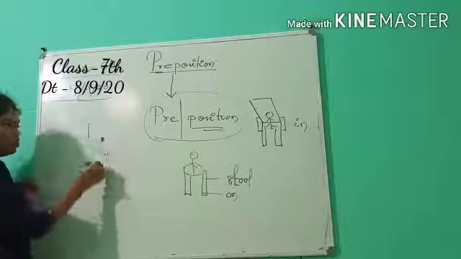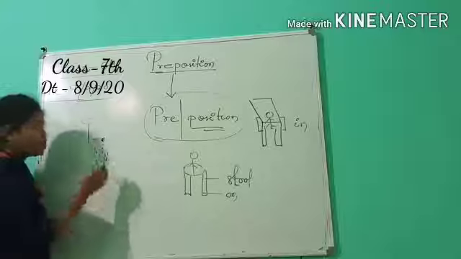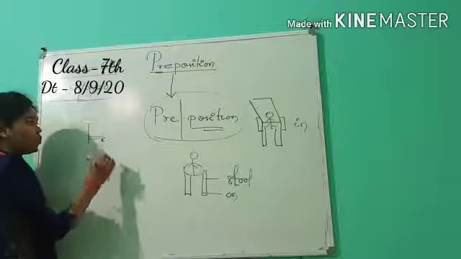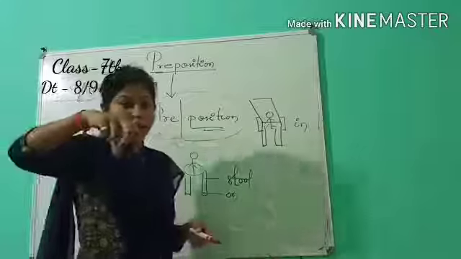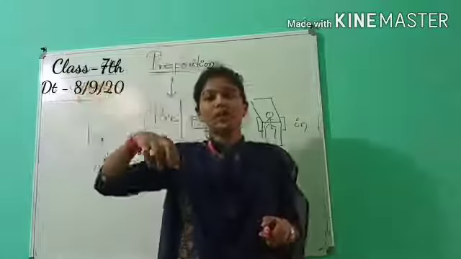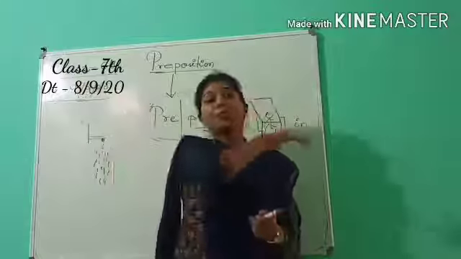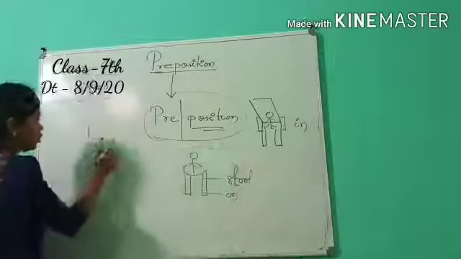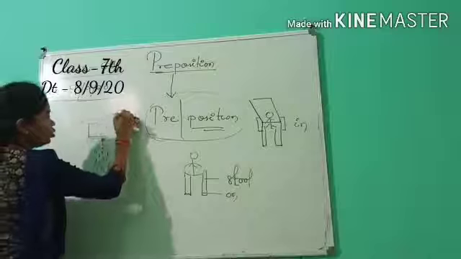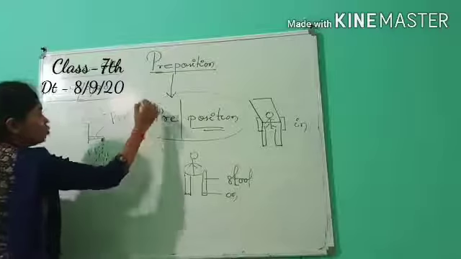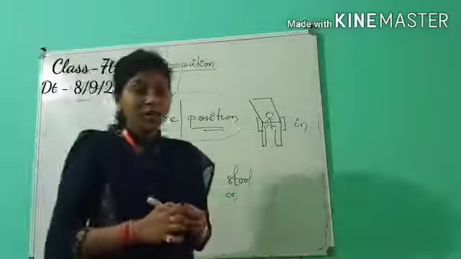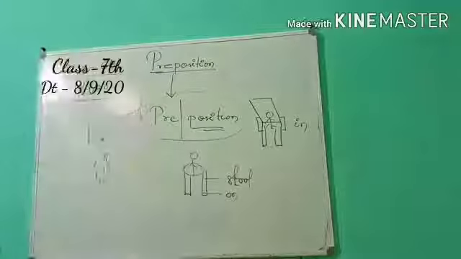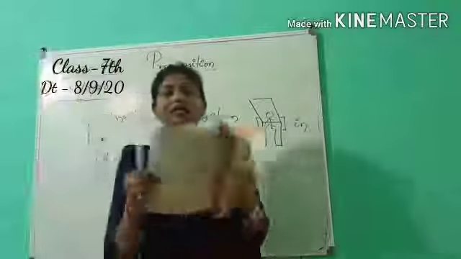When this water comes through this pipe, this tap, or when we open the nozzle, then water is coming through the pipe. It's entering through the pipe. So the preposition we use is through the pipe, right?